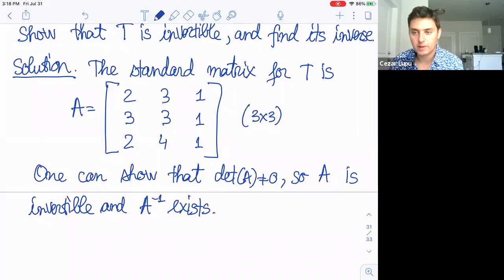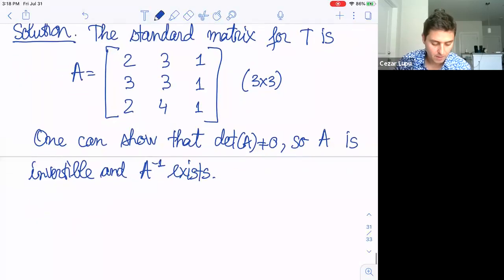I will leave it to you as an exercise to compute the inverse. In fact, I think I have it somewhere in my notes. Let me see. I think I've done this computation.